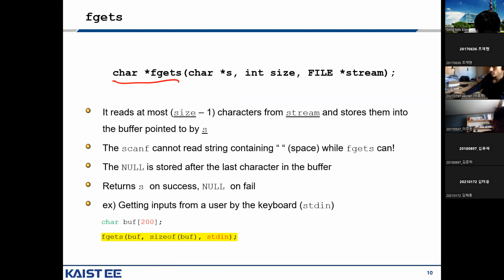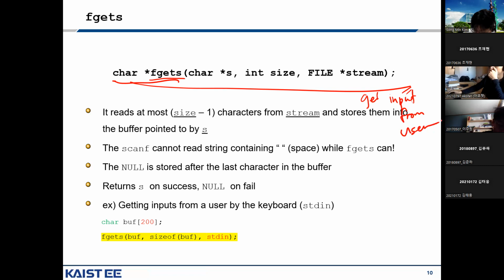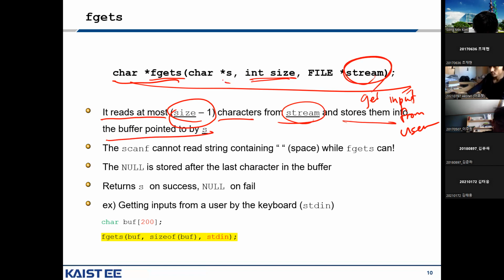First, we'll use fgets, because this is to get input from the user. What this is doing is that it reads at most size minus 1 characters from this stream and stores it into a buffer pointed to by this argument.